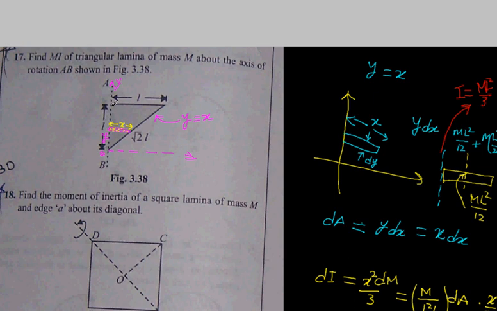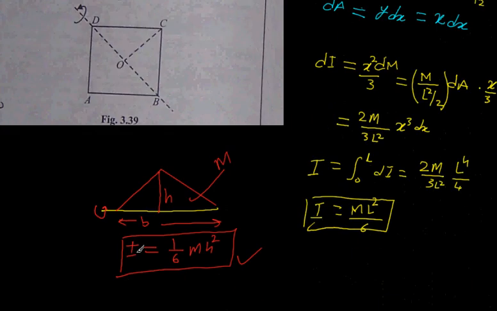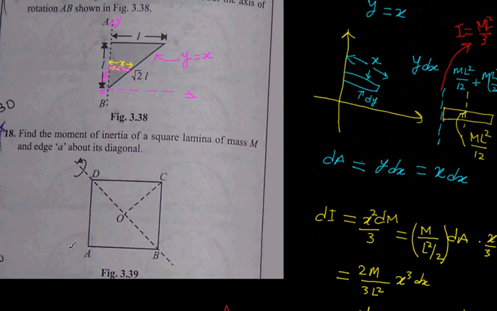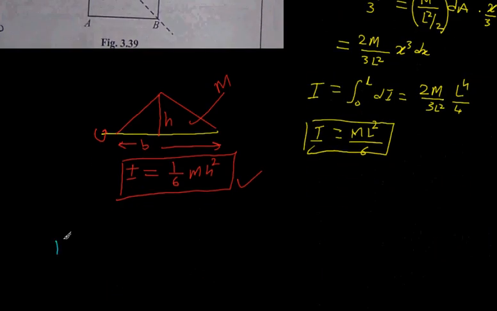We go to the first problem now. We need to find the moment of inertia along this axis. The height of this triangle along this axis is L, and you have mass M. This is problem 17, yes.